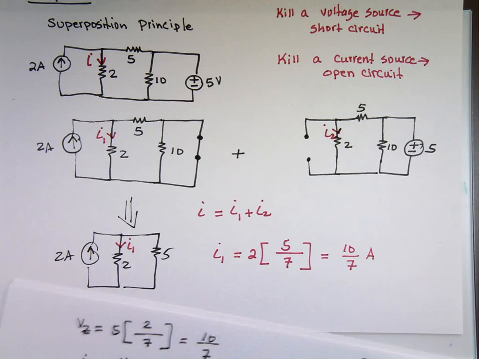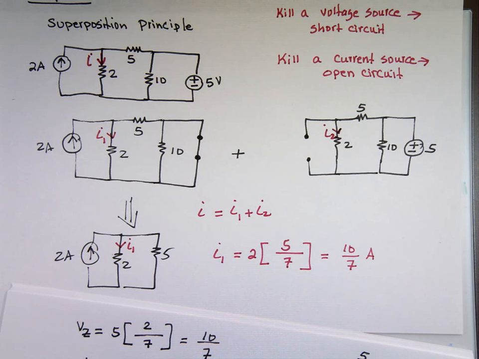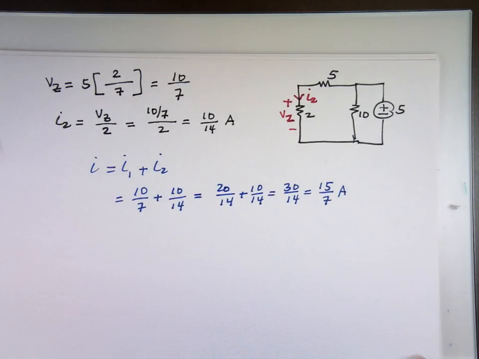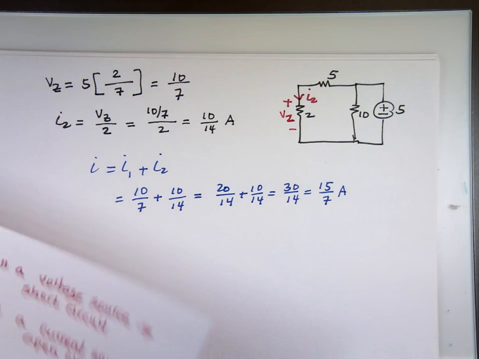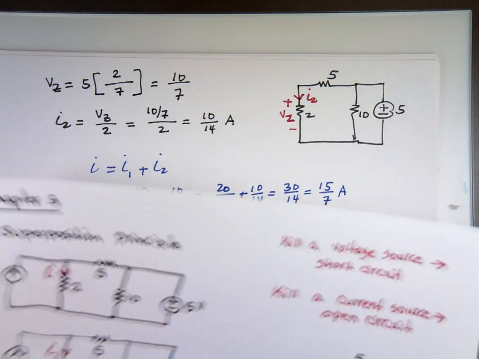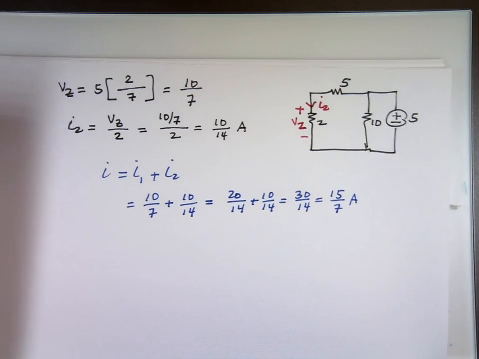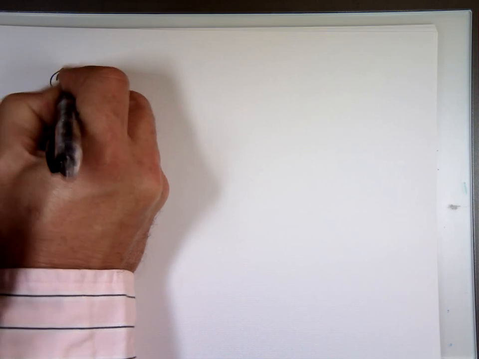Now let's see if that's really true. Let me do this circuit using maybe nodal analysis. Same problem. I don't want to use superposition. I want to see if the math is correct here.